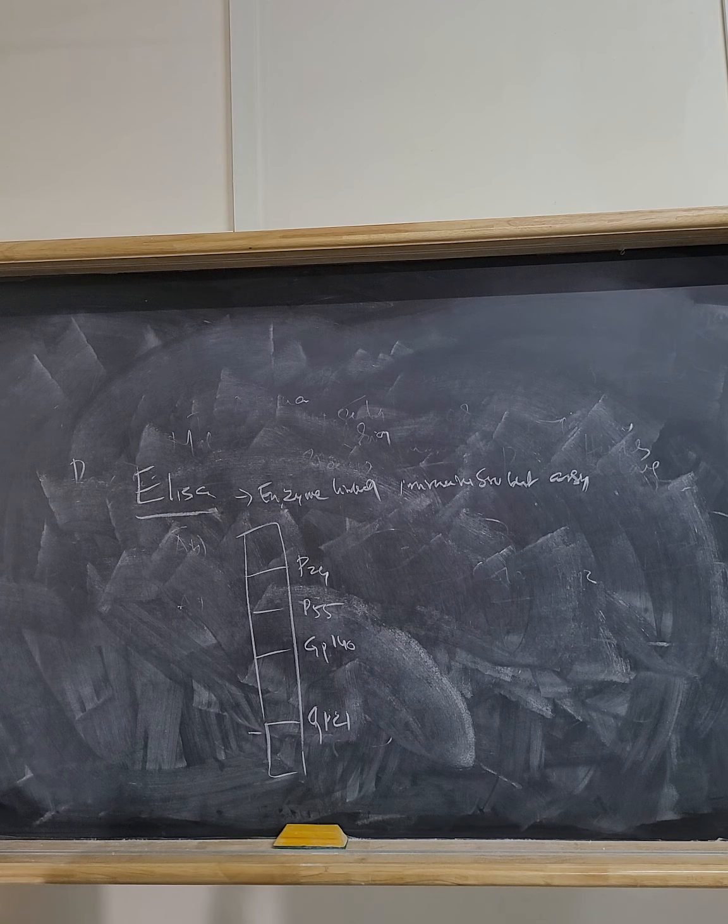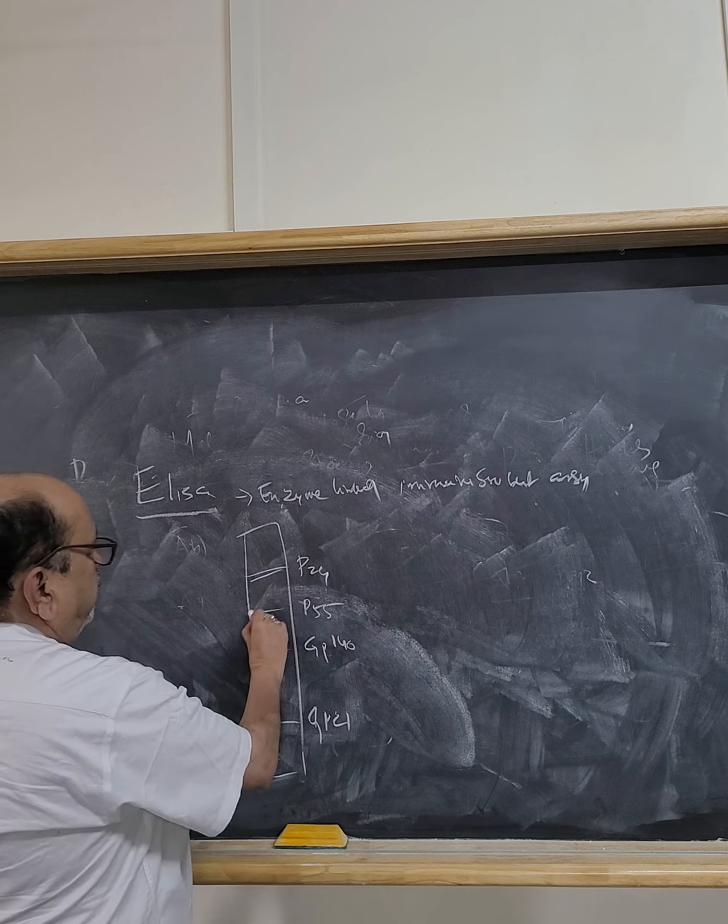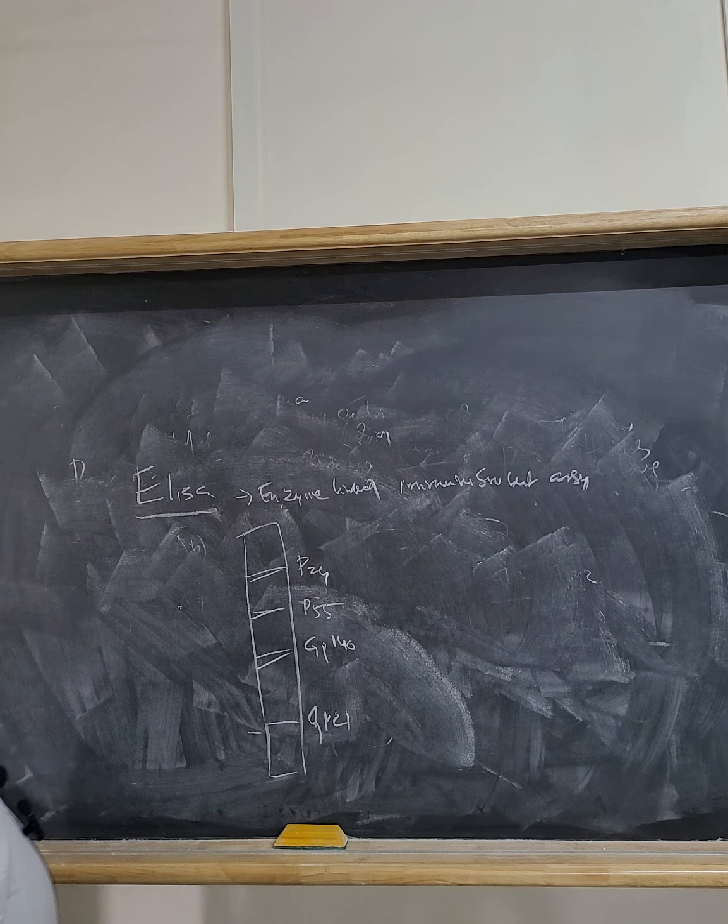Just like ELISA, but instead of putting them in the well, all the antigens are put on the paper. You have to get at least 3 bands positive. More precise and confirmatory.